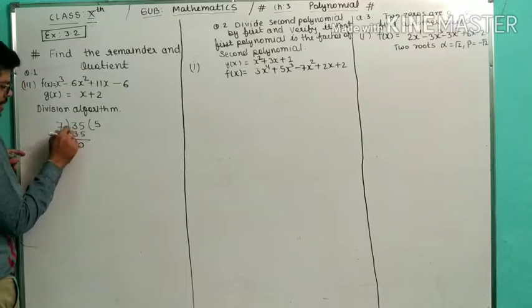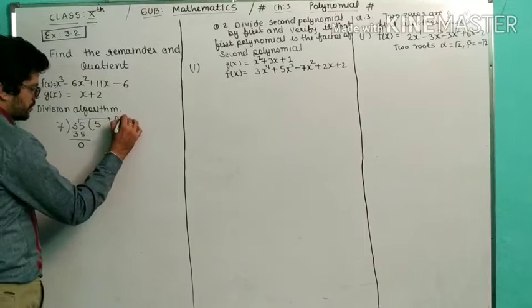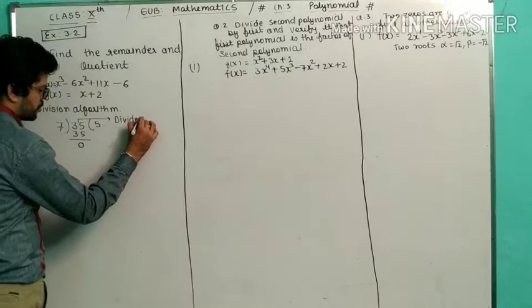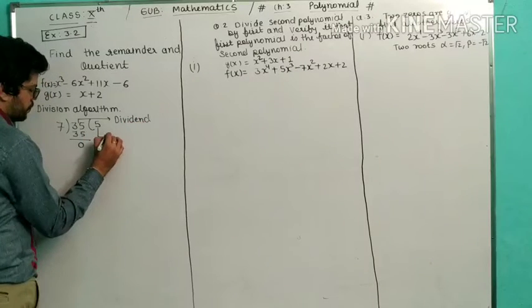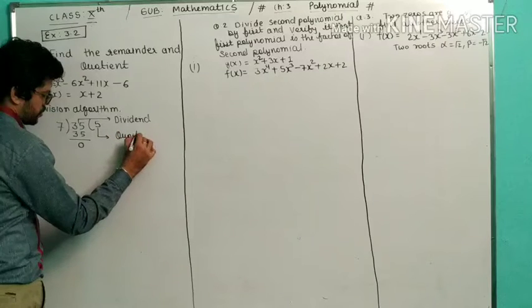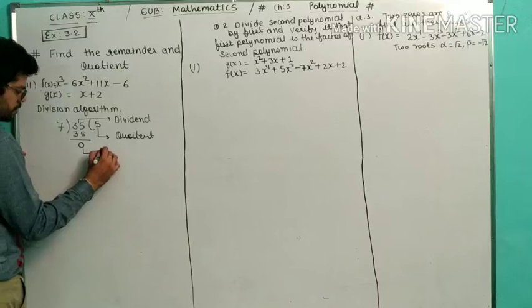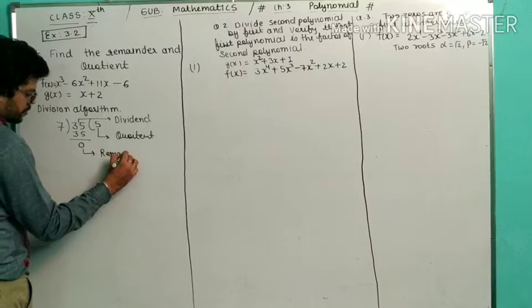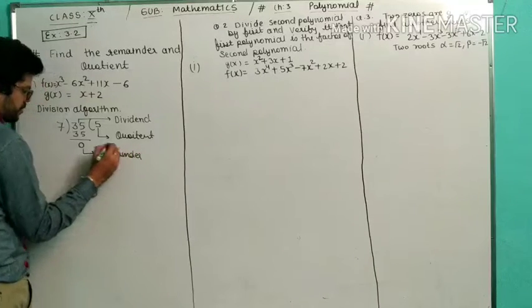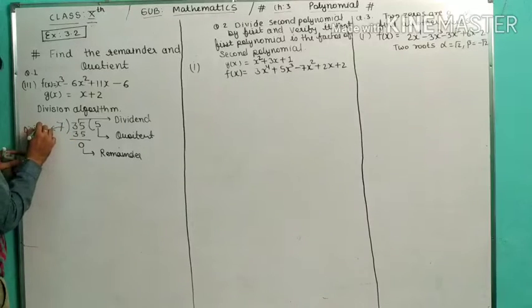So 35 is called the dividend, 5 is called the quotient, this is your remainder, and this is your divisor.